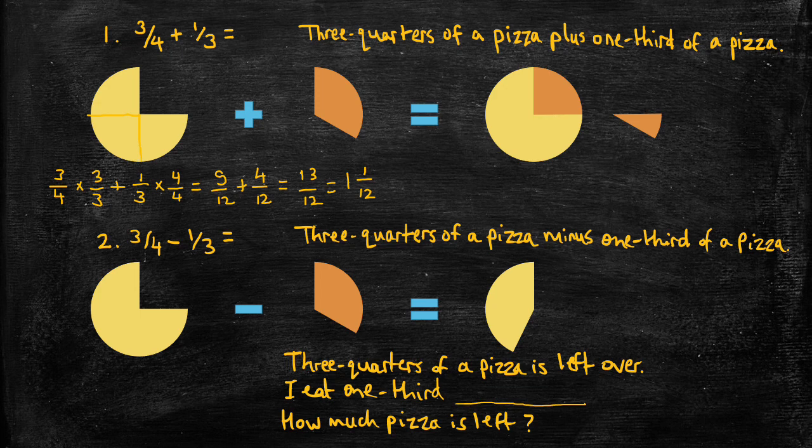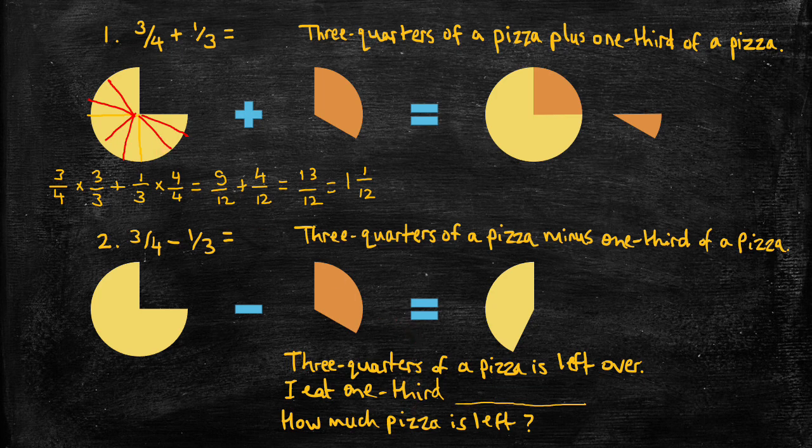So if I divide my 3/4, each quarter piece, into 3 additional slices. So let's try and do that. So now I've got 12ths, 1, 2, 3, 4, 5, 6, 7, 8, 9/12.